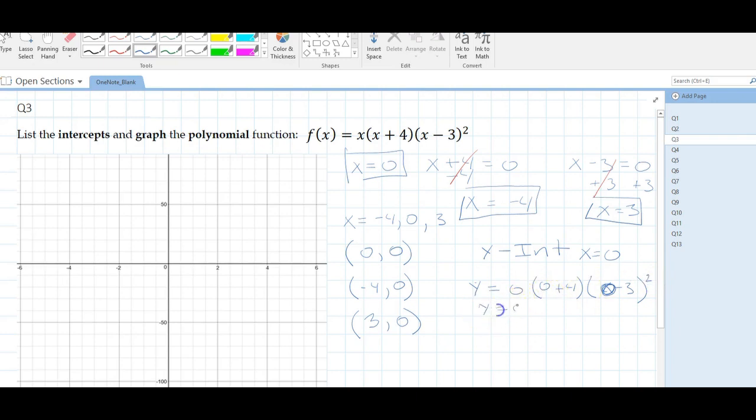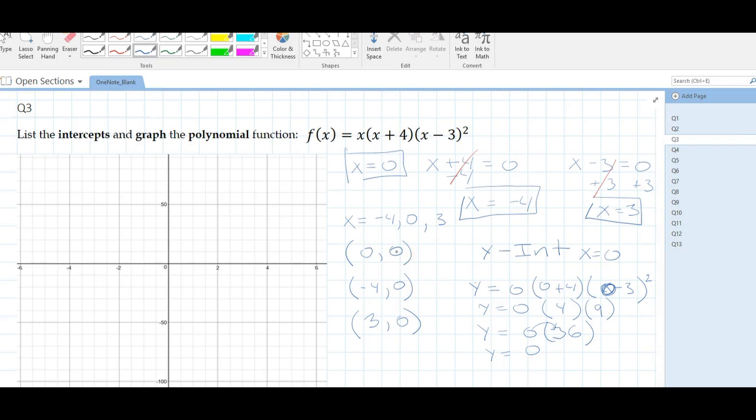So y equals 0, here you're going to have 4, here you're going to have negative 3 times negative 3, which is 9. If you multiply those two, you're going to get 36. I'm just doing it to show you. And then at the end, you multiply 0 times 36, which gives you 0. So 0 for your x value, 0 for your y value. That's going to be this point. It's the x and y intercept.